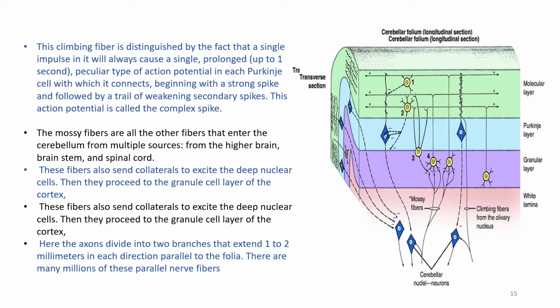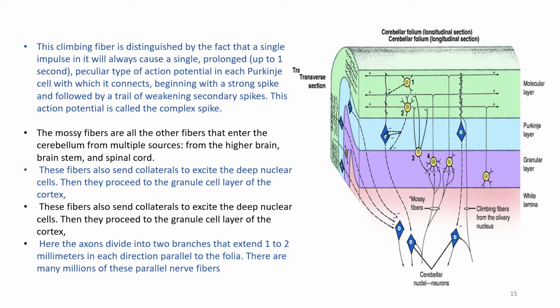This climbing fiber is distinguished by the fact that a single impulse in it will always cause a single prolonged, up to 1 second, peculiar type of action potential in each Purkinje cell with which it connects, beginning with a strong spike and followed by a trail of weakening secondary spikes. This action potential is called the complex spike.